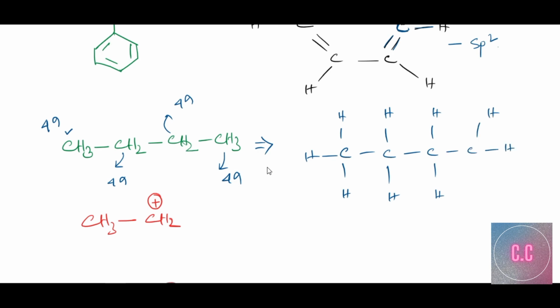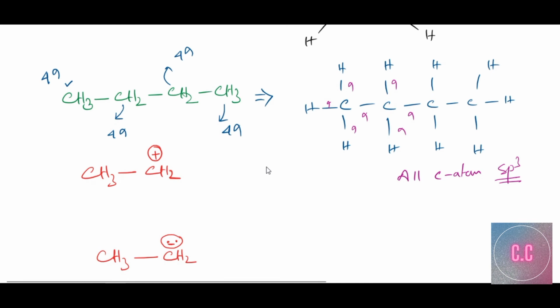You can see each carbon atom contains 4 sigma bonds, sigma, sigma, sigma, sigma. For this carbon also, this is a sigma. In this way, all these carbon atoms are sp3 hybridized.